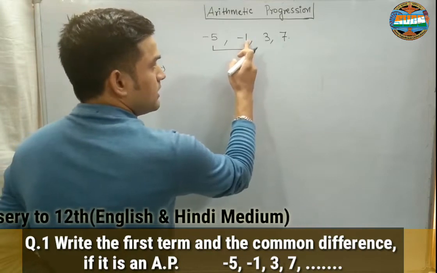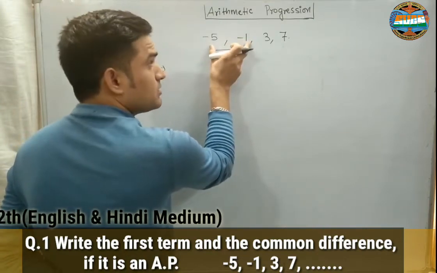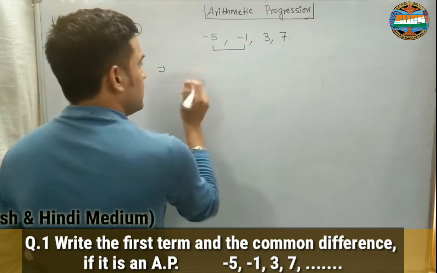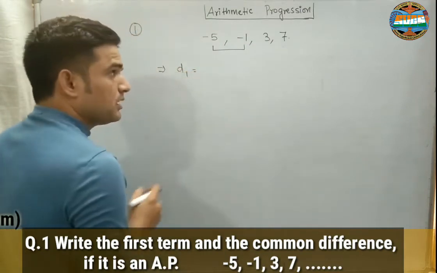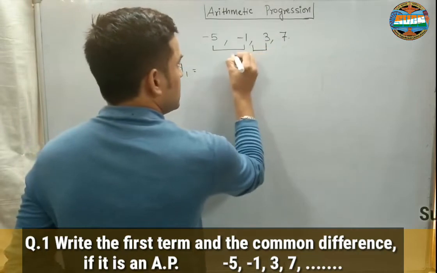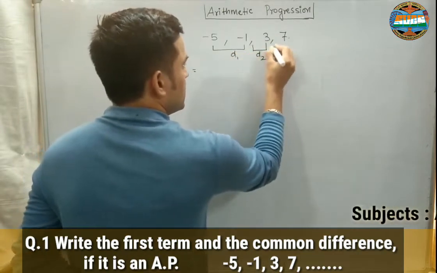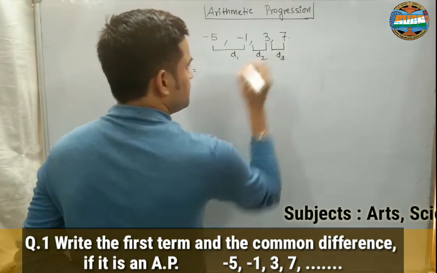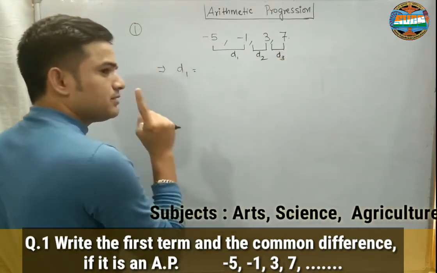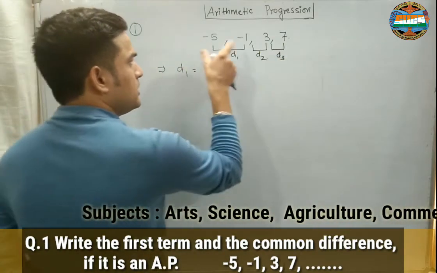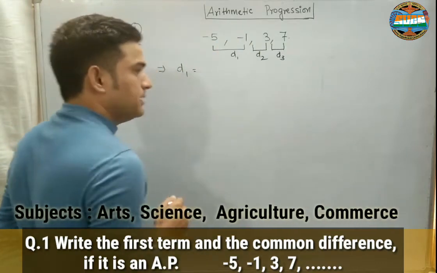We find the difference of two terms, the first common difference we can say D1, second D2, and next is D3. D1, D2 and D3 always remain the same, so we can say this is an AP.